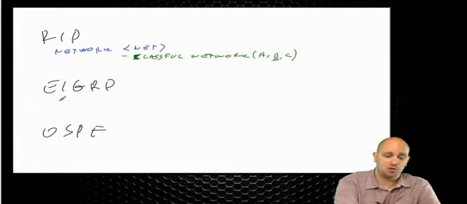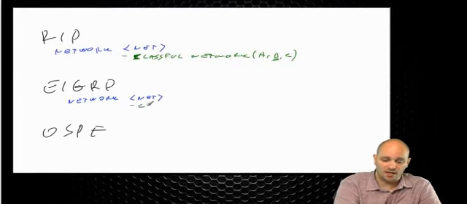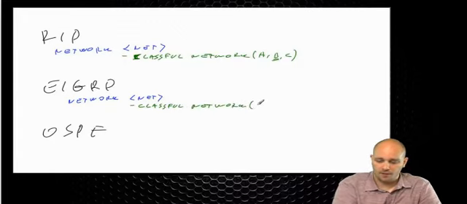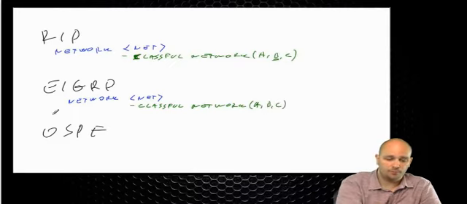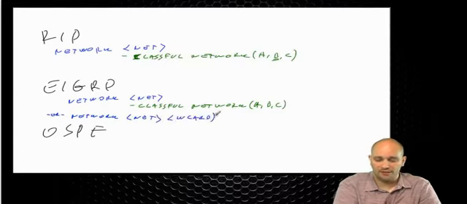EIGRP, on the other hand, has two formats for the network statement. One is network, where you give it just the network, and in this case, it is going to be a classful network. Again, aware of classes A, B, and C. Or we can use network followed by the wildcard mask.